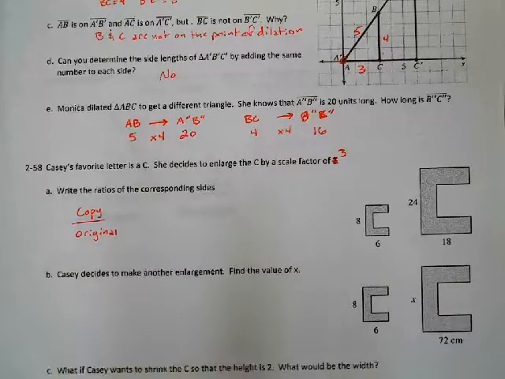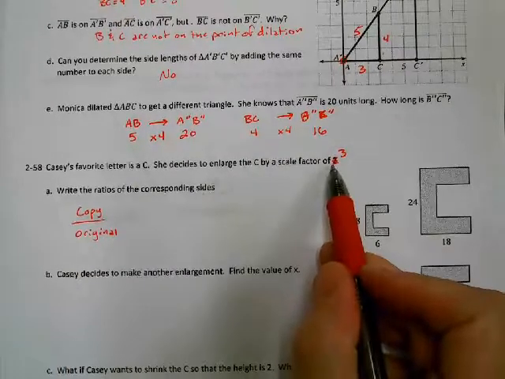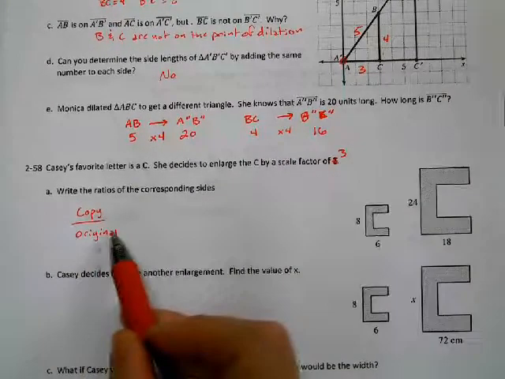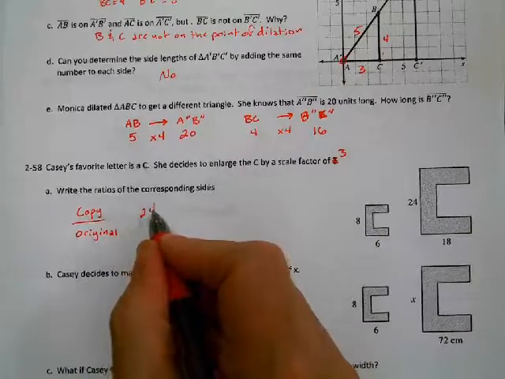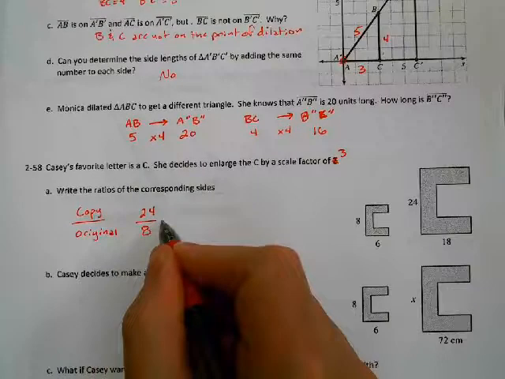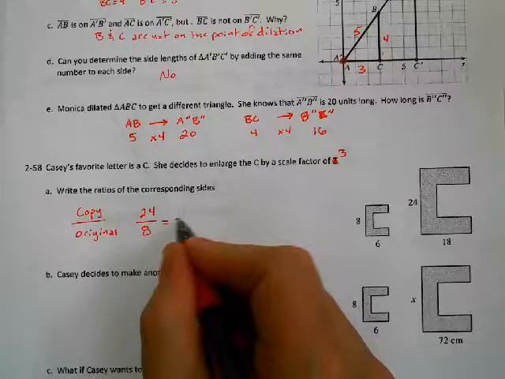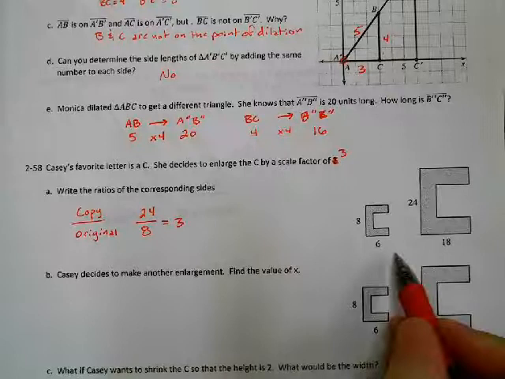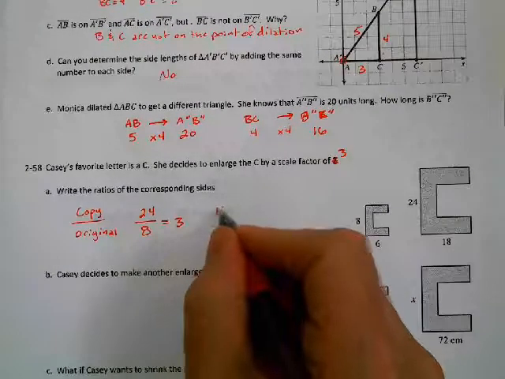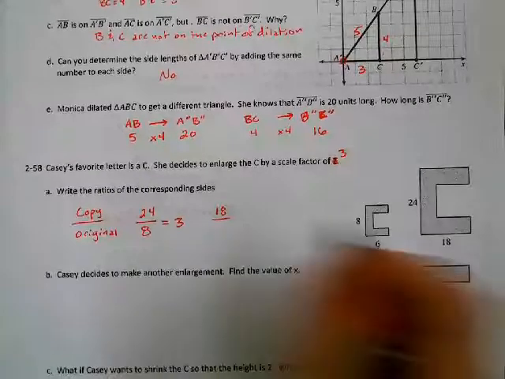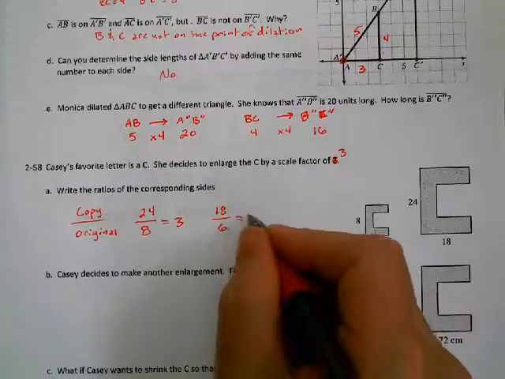So it's a scale factor of 3, so this ratio should give us 3. And so the copy is 24, the original is 8. That reduces to 3. Over here, on the width part of it, the copy is 18, the original 6, which reduces to 3. That's the scale factor.